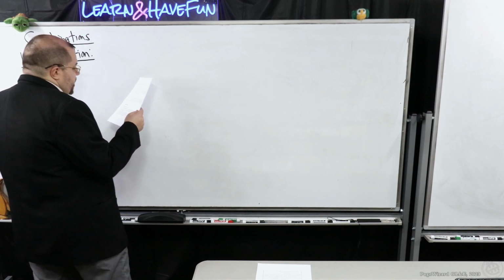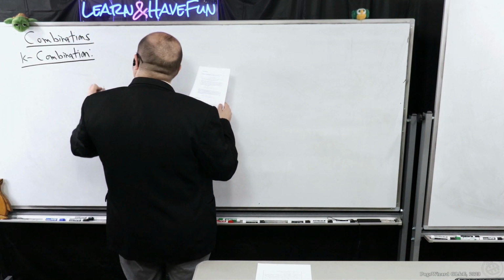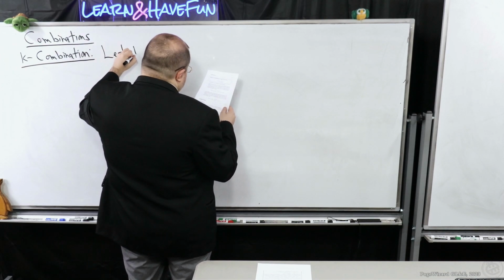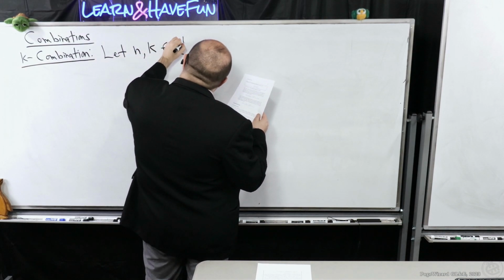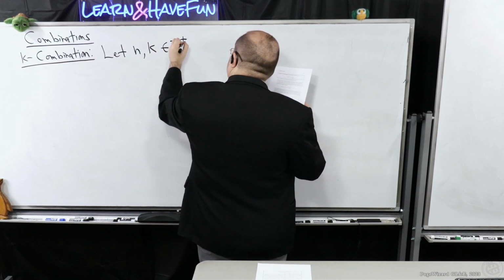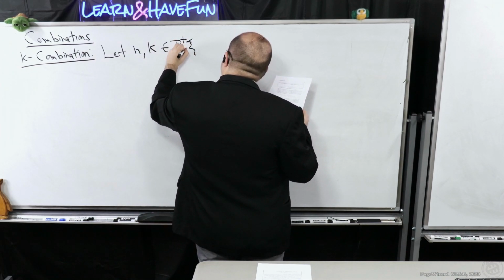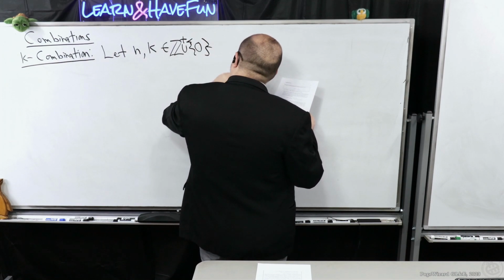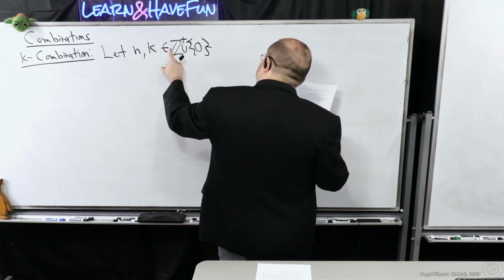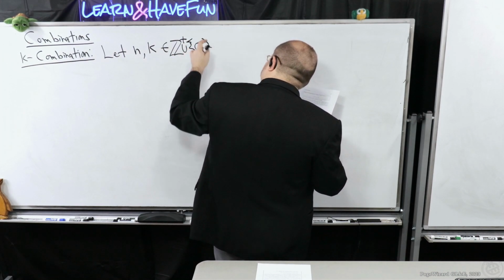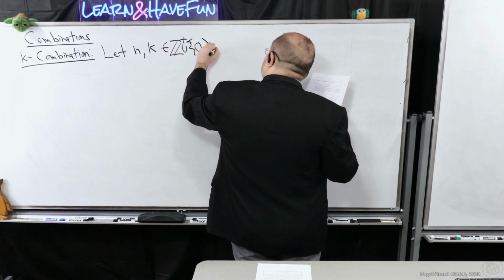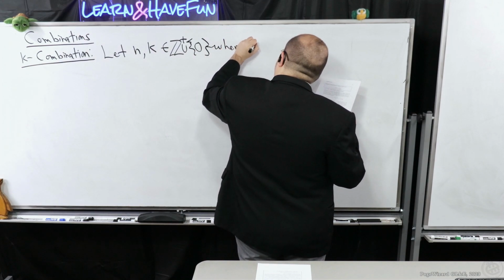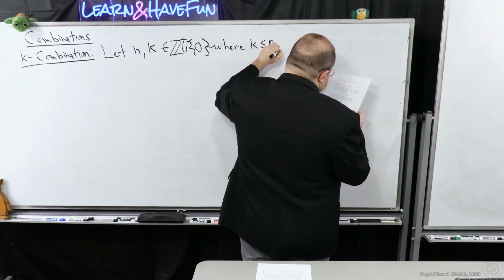So, k-combination of a set. We're going to let n and k be positive integers or potentially 0. This is a fancy way of saying positive integer or 0, a union in there, where k is less than or equal to n.